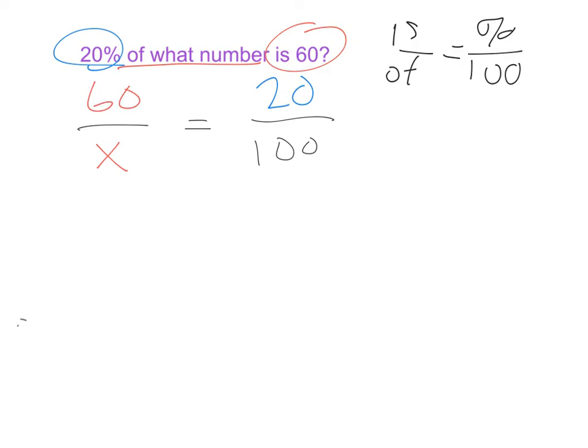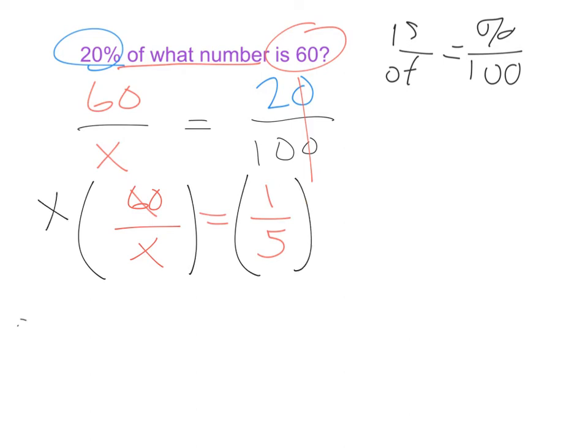Now let's go ahead and take a look at these shortcuts. 20 and 100 drops down to 2/10 or 1/5. So we have 60 over x. So now what can we do?